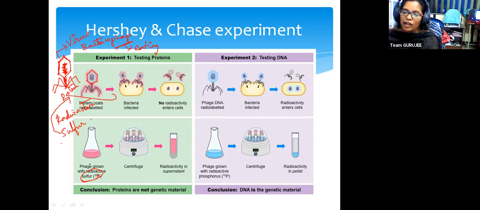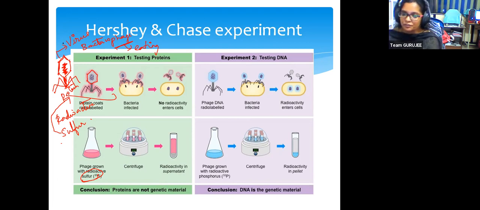Media means food for the growth of microorganisms, not social media. After that, they allowed the bacteriophage inside the culture. What they observed is that sulfur coats only protein, but it doesn't coat the nucleic acid inside it. Do you know that the bacteriophage won't enter completely inside the bacteria? Only the genetic material will enter.